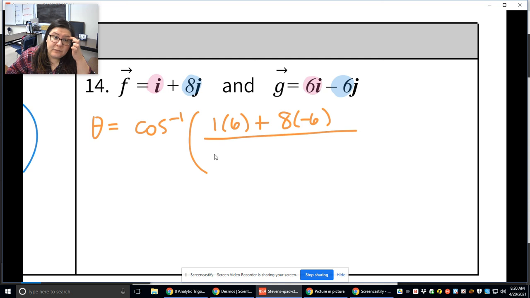over. Now we need to get the magnitude of each one. This one is going to be 1 squared plus 8 squared times, over here, 6 squared times -6 squared.